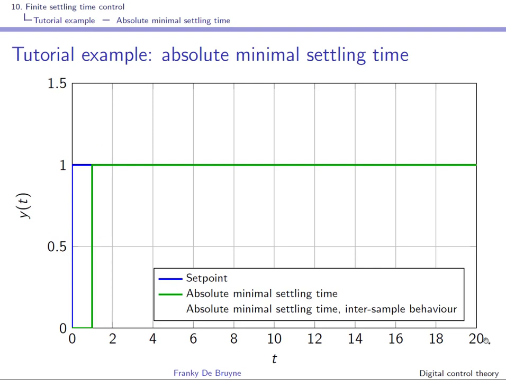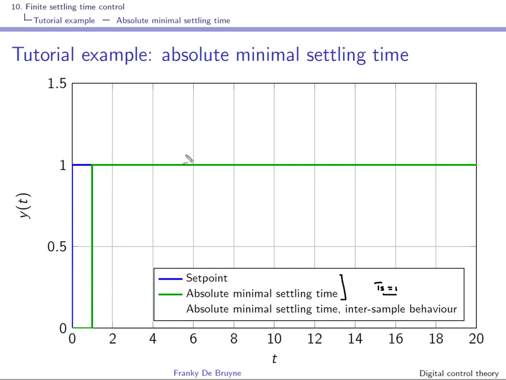Well, this is the closed loop response that you will see in Matlab. In blue the set point, and in green the closed loop step response. And what you see is of course only what happens at the sampling instance. Here you can see that TS is equal to 1 second.